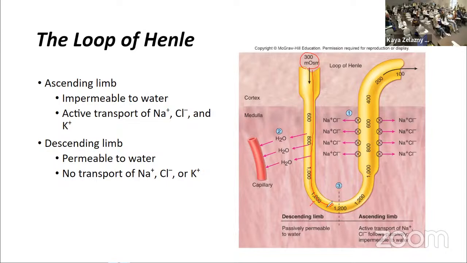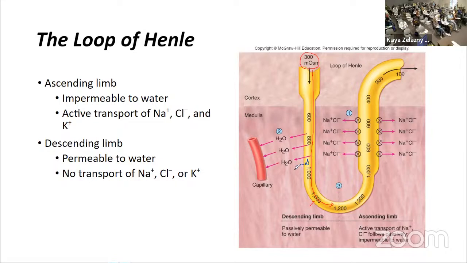So what's happening here is that we're going to see that the osmolarity of the surrounding medulla, as it's getting higher and higher and higher as we go down towards the renal pelvis, is exerting a pull on the water that we have here in the fluid. Water can cross these walls. It can't cross the walls in the ascending limb, but it can here in the descending limb.